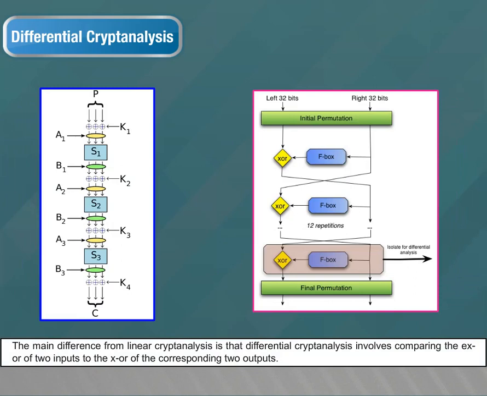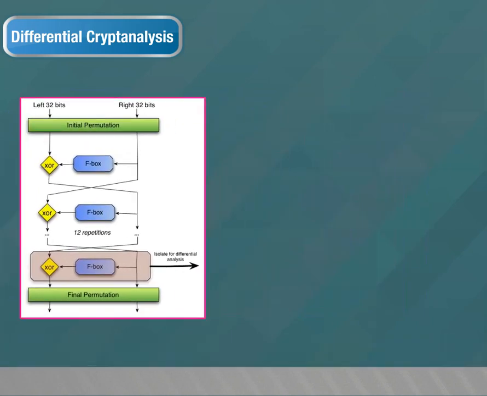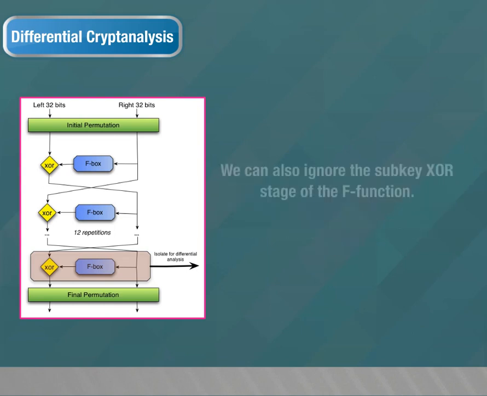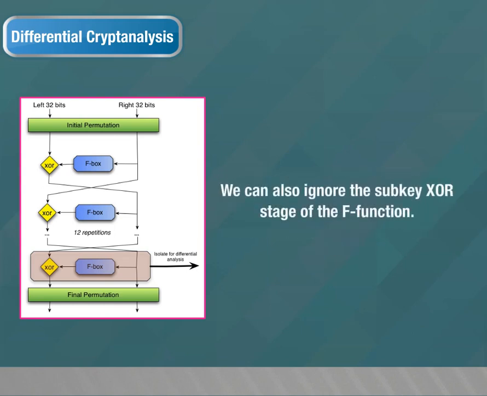The main difference from linear cryptanalysis is that differential cryptanalysis involves comparing the XOR of two inputs to the XOR of the corresponding two outputs. The expansion function E and the final permutation function P are easily invertible, so they can essentially be ignored. We can also ignore the sub-key XOR stage of the F function.